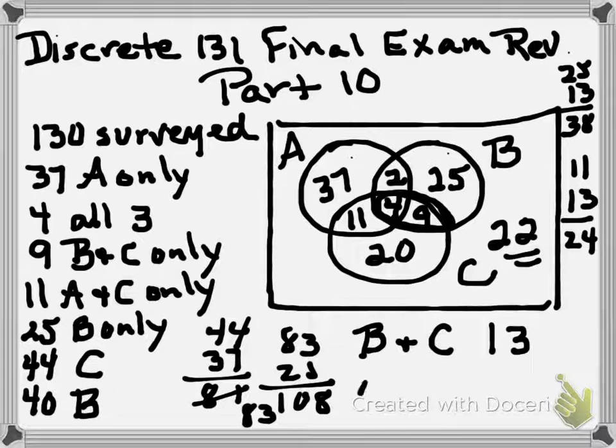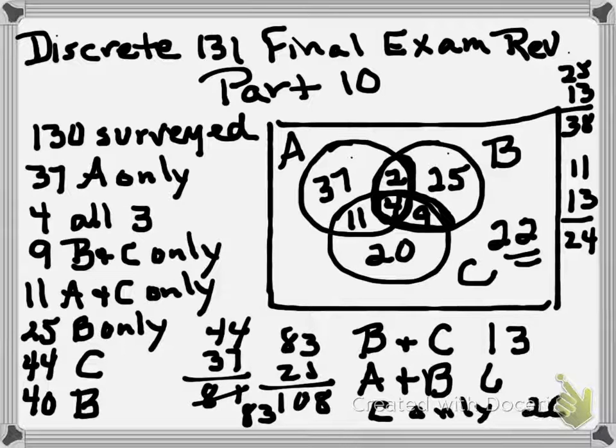If I say A and B, then that would be the region that would be 6. If I say C only, then that would be 20. And so there are certain questions that you can answer based on your diagram, but I need to see the diagram enclosed in a rectangle with all of the regions having a numerical value.